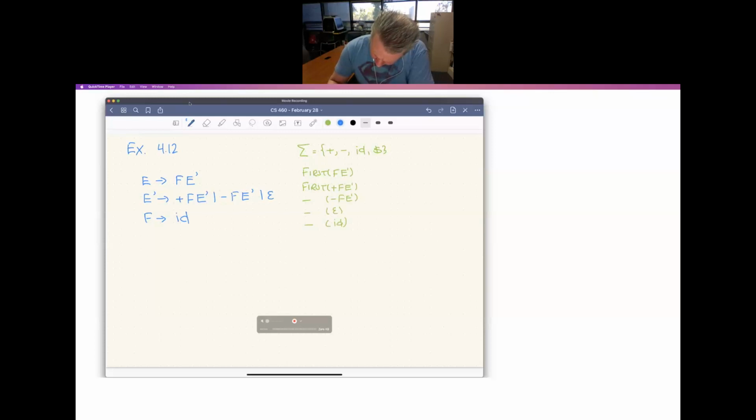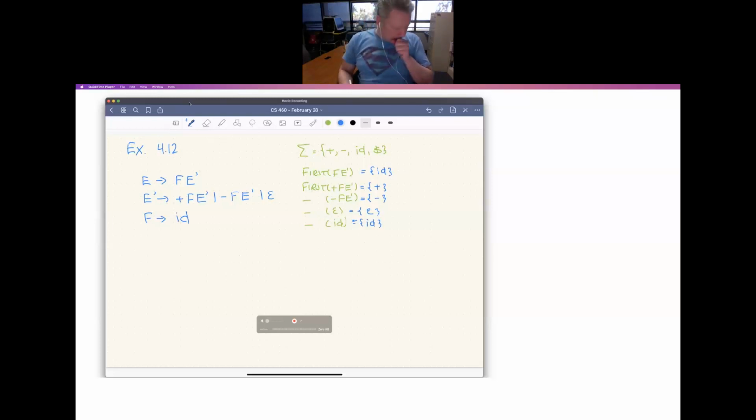And I think you can probably calculate those real quick. That's an ID, that's an epsilon, that's a minus, that's a plus. First of F is an ID, so that's just an ID.